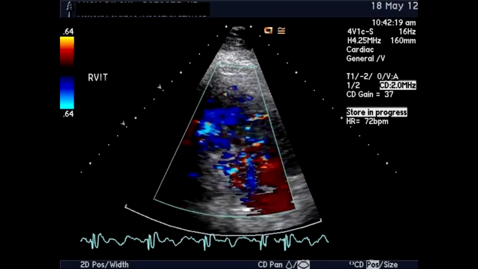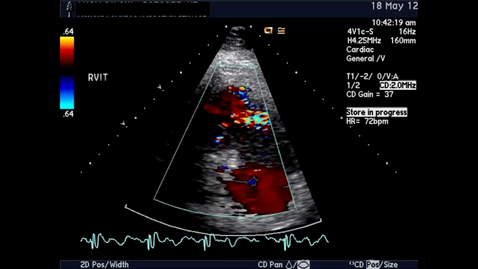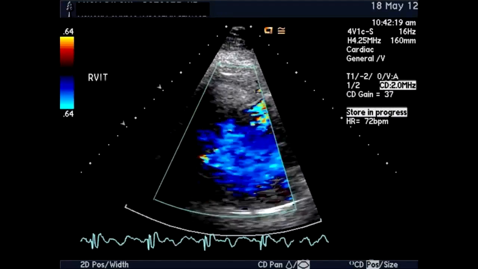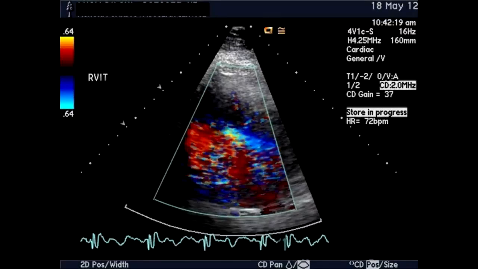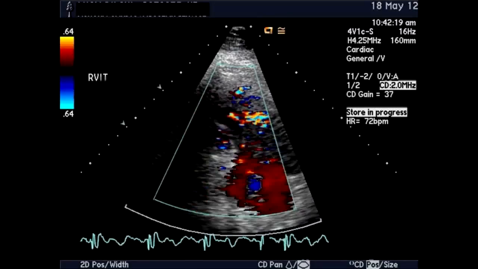Okay, moving on to blooming artifact. This is an example of blooming artifact with color Doppler. You see it with color and spectral Doppler. I unfortunately don't have a slide of spectral, but you can sort of get the idea. So what causes blooming artifact? First, the injection was too fast.